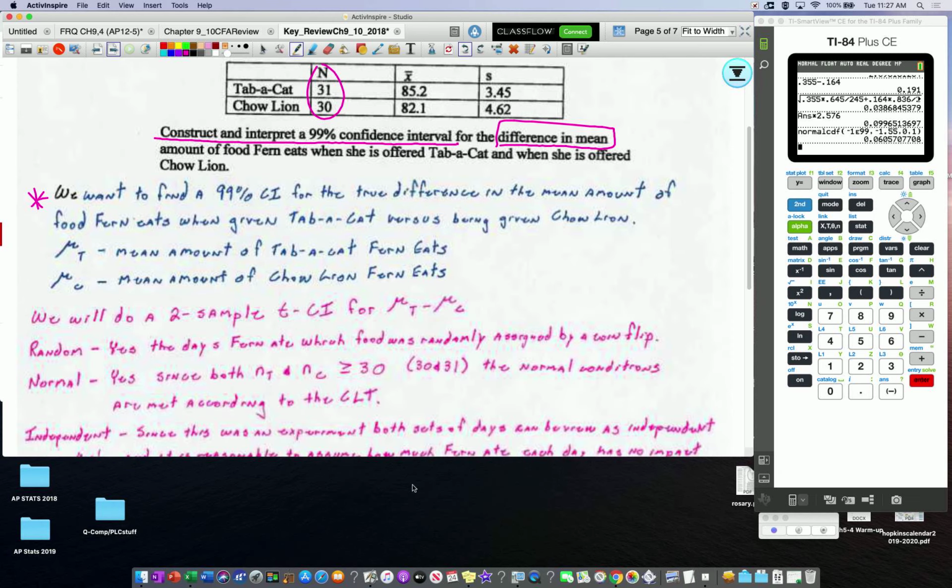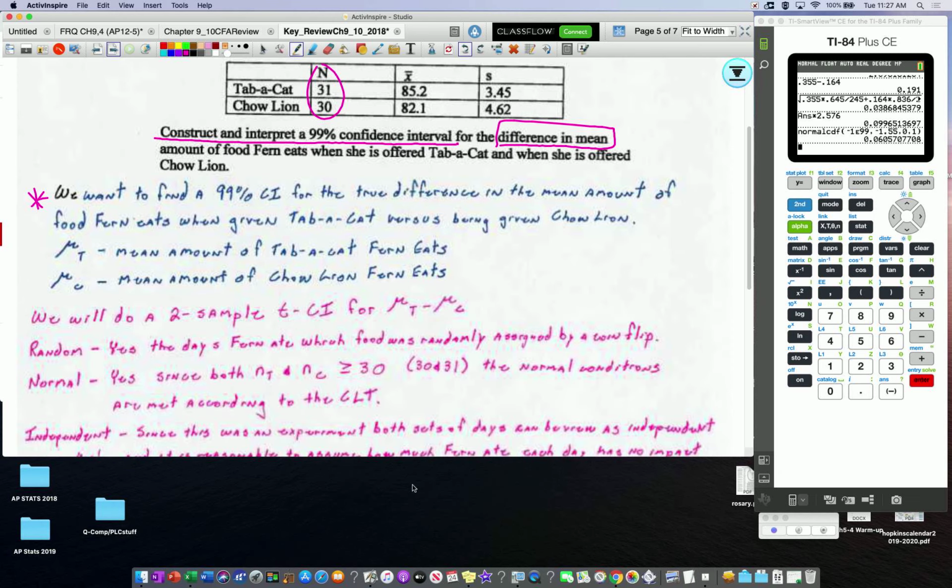So you can look that one up on the chart, or if you think about inverse norm, I'm sorry, not inverse norm, inverse t, we could go 0.995 and a degrees of freedom of 29.